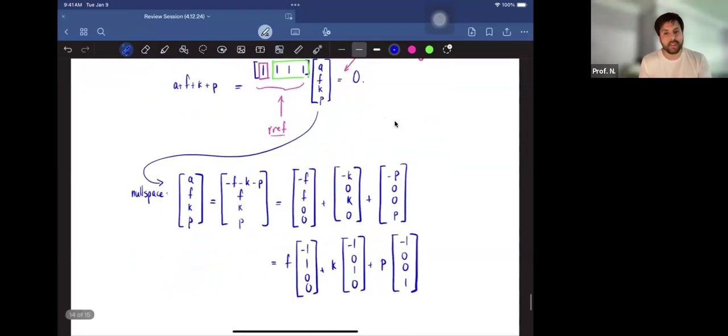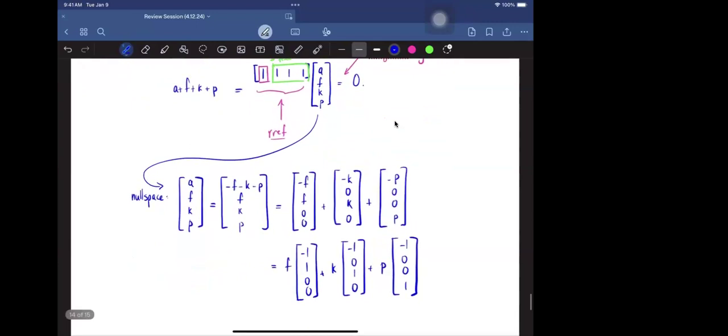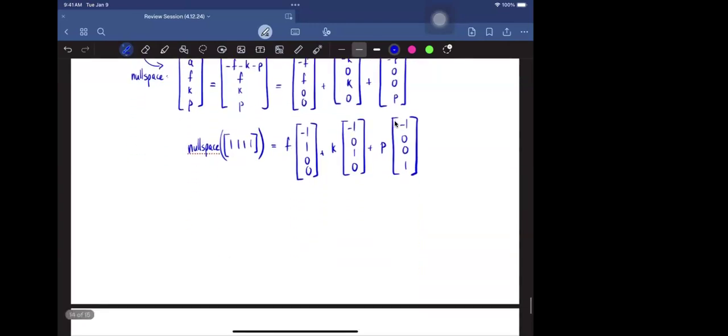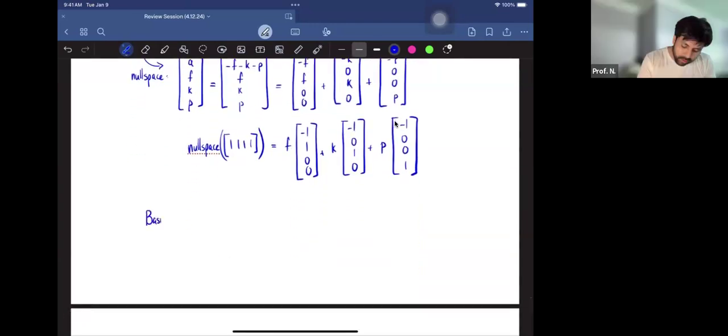And this is the null space. This is the null space of the matrix 1, 1, 1, 1. So then what's the basis? There's going to be a question on it. What's the basis of the null space of this matrix 1, 1, 1, 1?